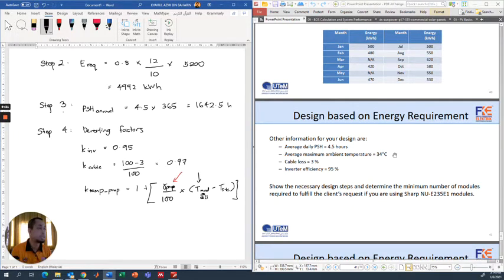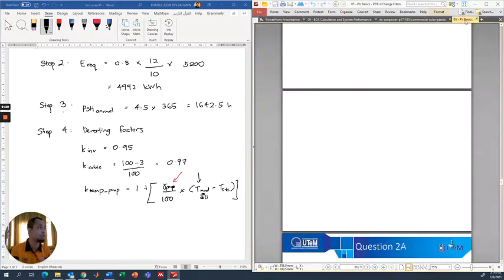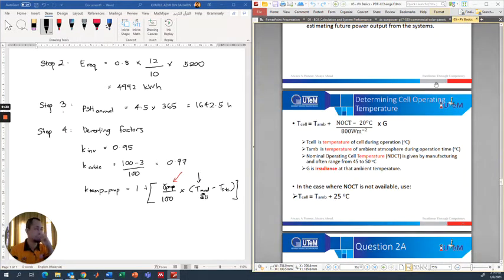Right? So in order to estimate the module temperature, we need to go back to the slides on PV basics. So here is the slide that I'm talking about. If we have the NOCT value, then we need to calculate using the NOCT value, and we put the ambient temperature here as 34.